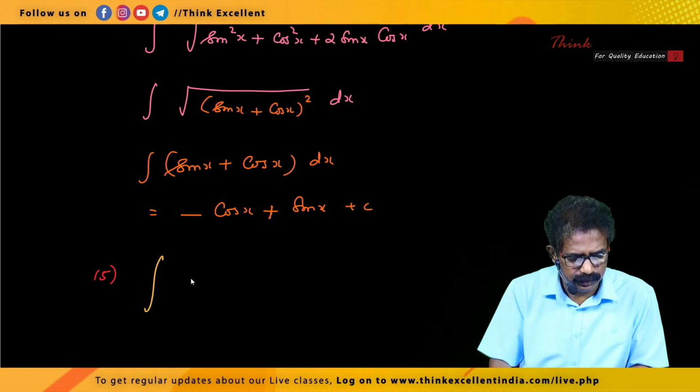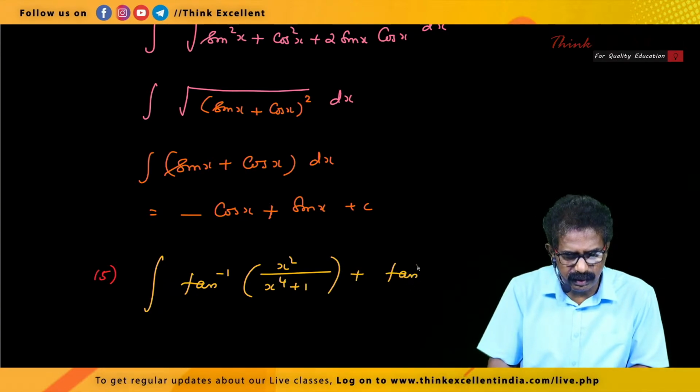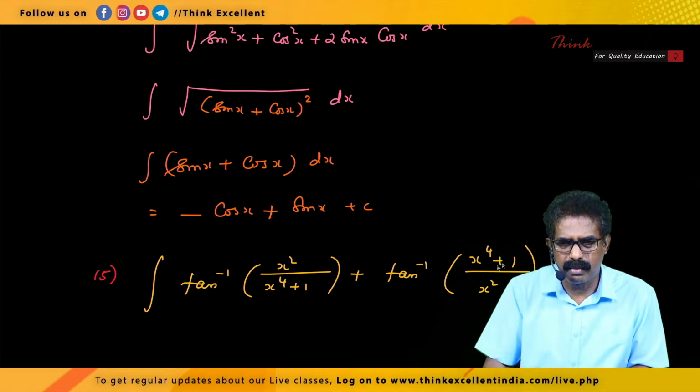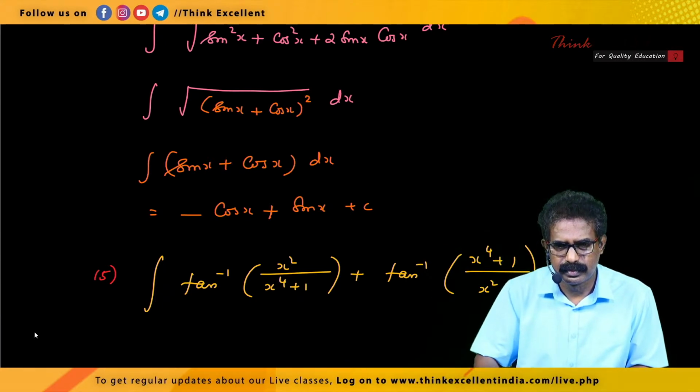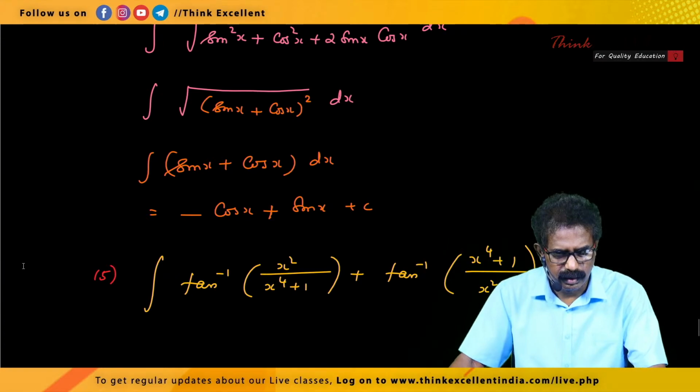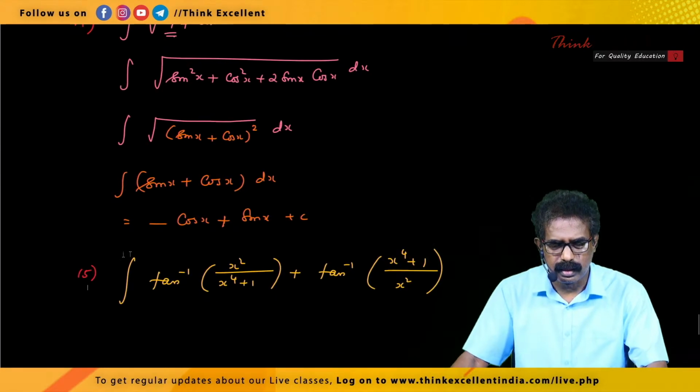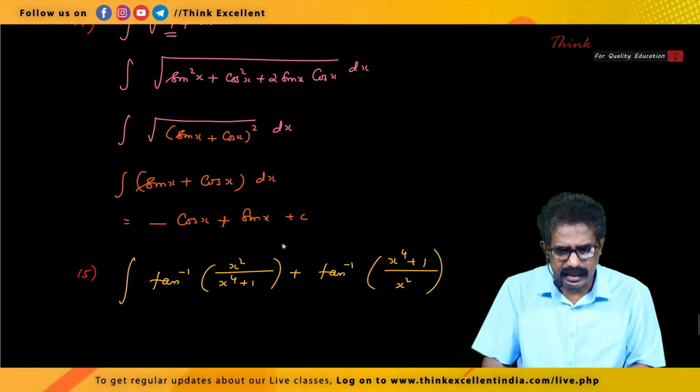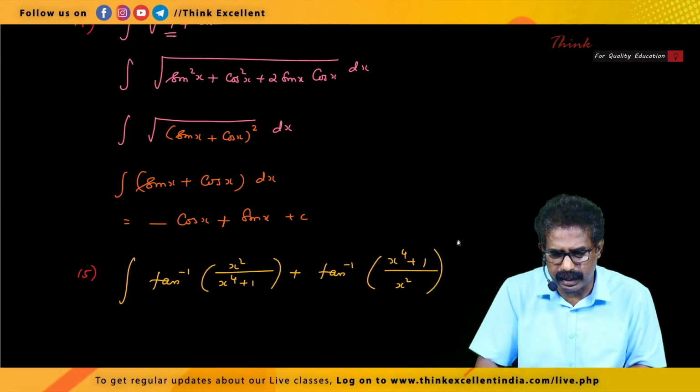Integral tan inverse x square by x raised to 4 plus 1 plus tan inverse x raised to 4 plus 1 by x square of dx.